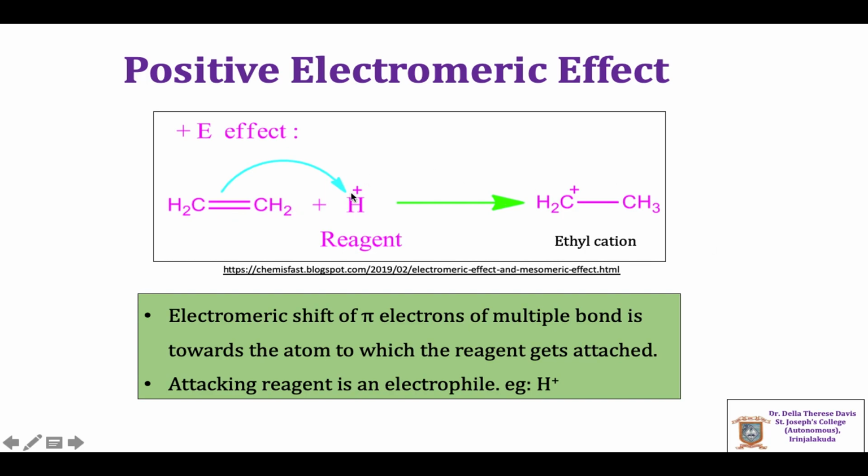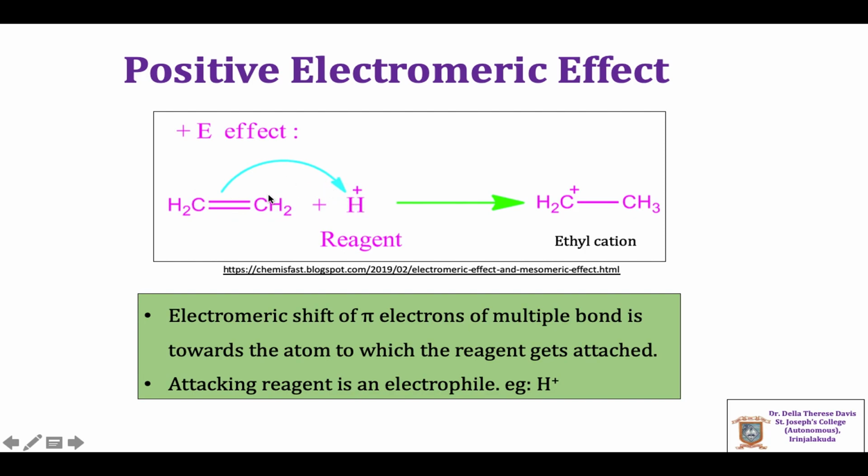The electromeric attack of H plus on the pi bond of ethylene is shown here. The electron pair of the pi bond shifts towards the carbon to which H plus is attached, and the reaction yields ethyl cation. As the double bond shifts towards the carbon to which H plus is attached, this carbon gains a negative charge and the other carbon gains a positive charge.